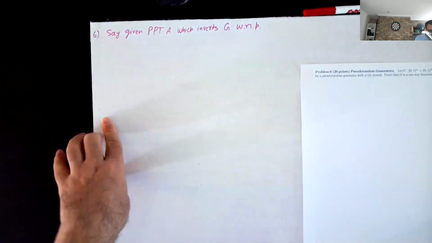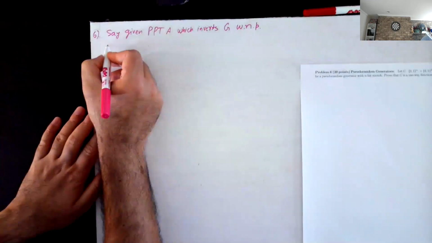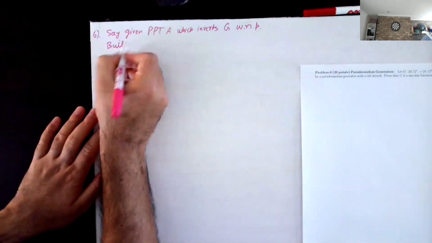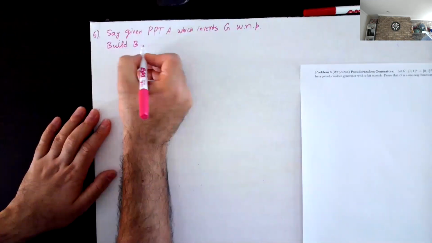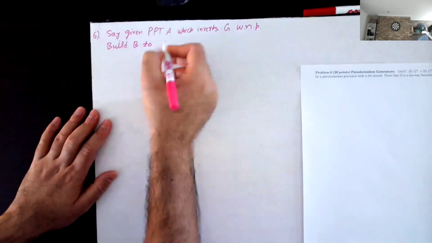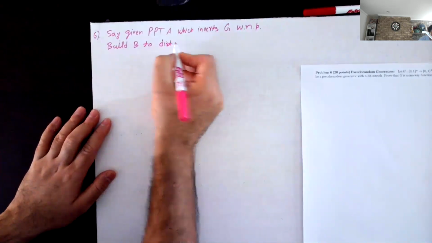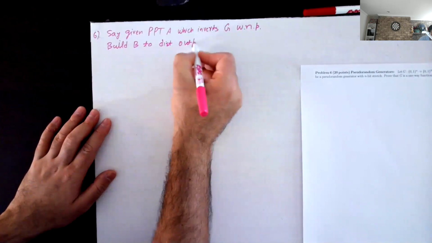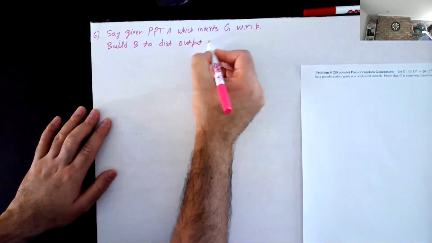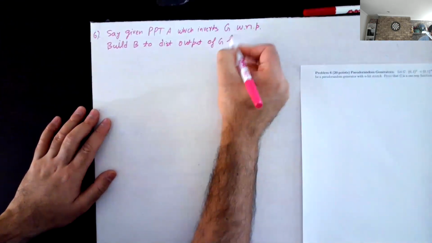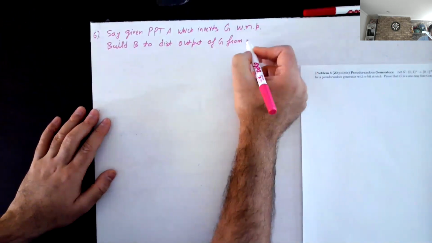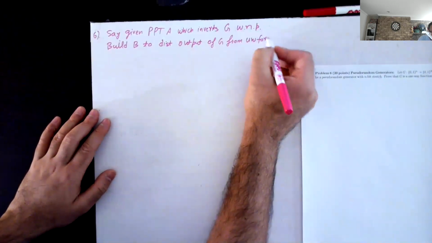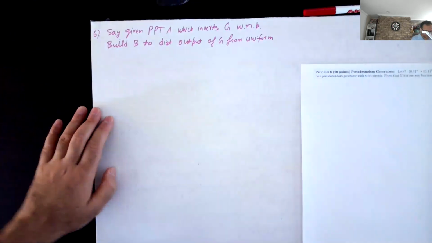Okay, then we will build B to distinguish the output of G from uniform. So what does B take as input?